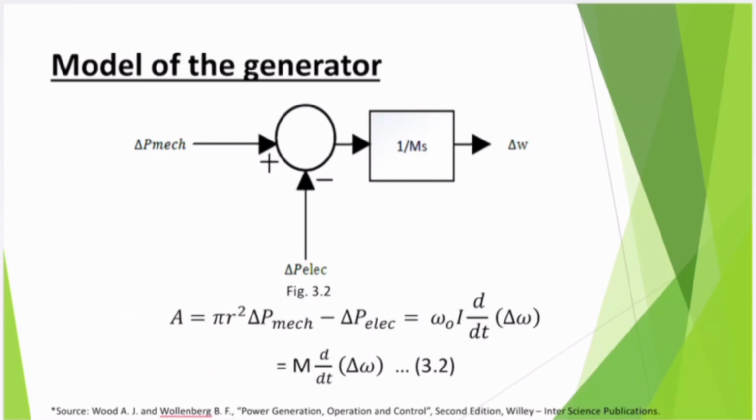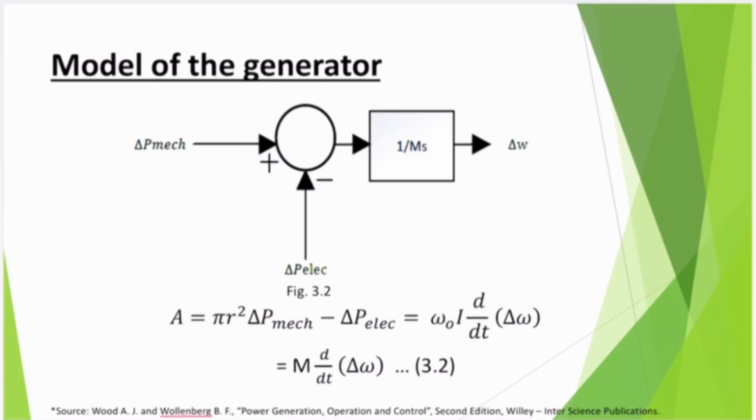We detect the change in electrical power requirement, and hence we change our mechanical power input so that the delta omega will be as per the desired one. If you see the relationship, it very clearly says that delta P mechanical minus delta P electrical, times 1 upon Ms, will be my delta omega. So that is what the relation is all about.